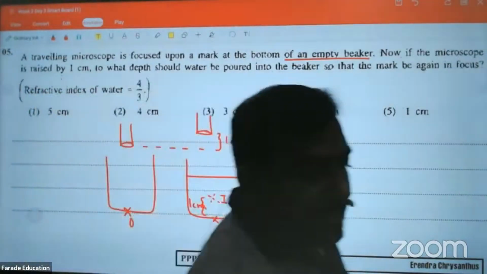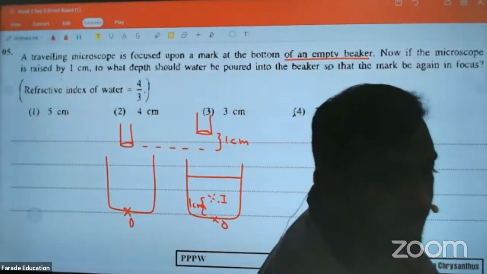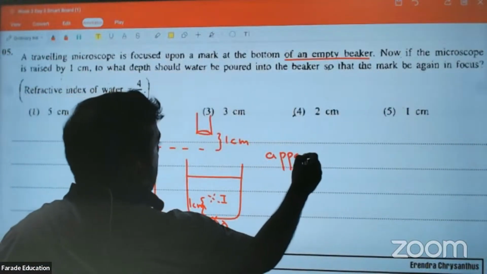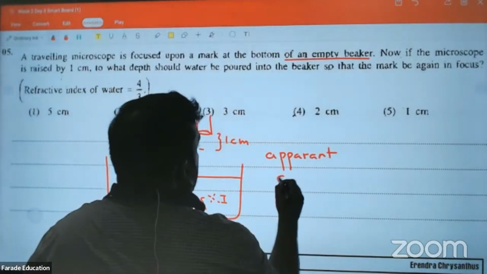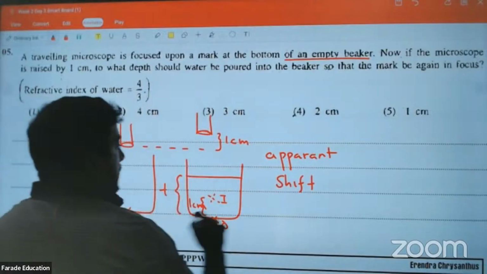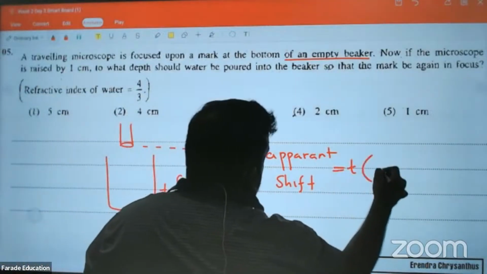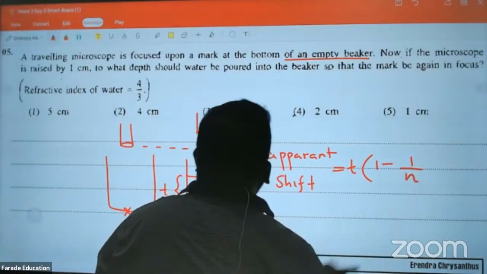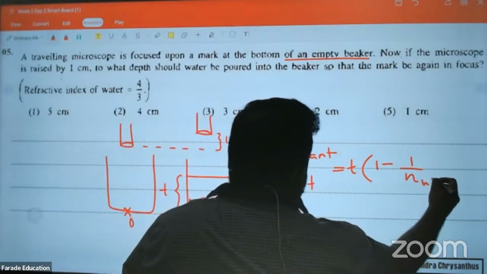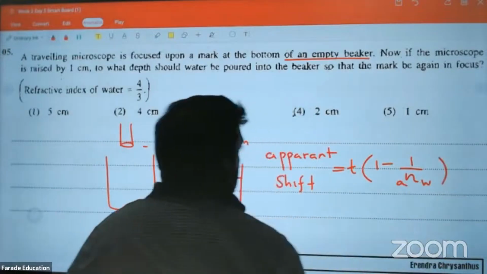So from here you can easily say, the apparent shift is the actual depth times 1 minus 1 over the refractive index of the denser medium with respect to air. Refractive index of water with respect to air. There you go.